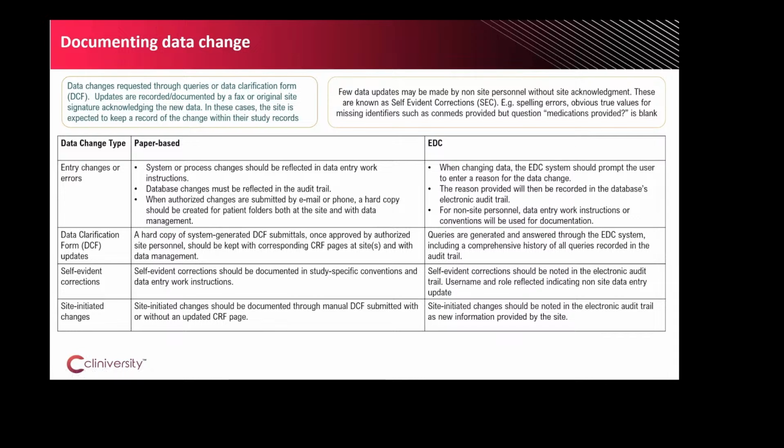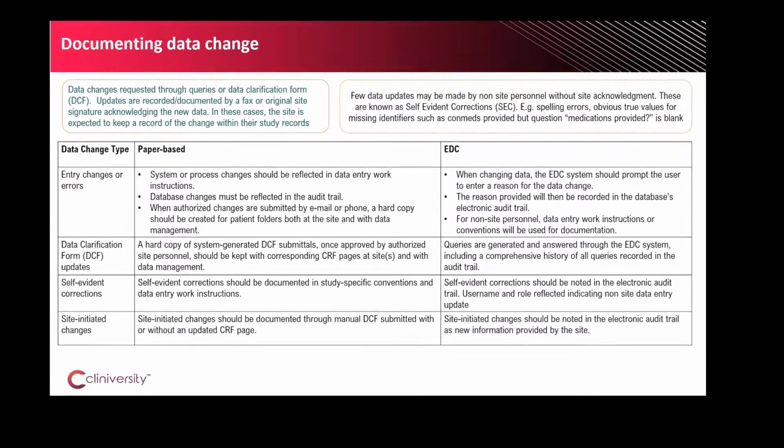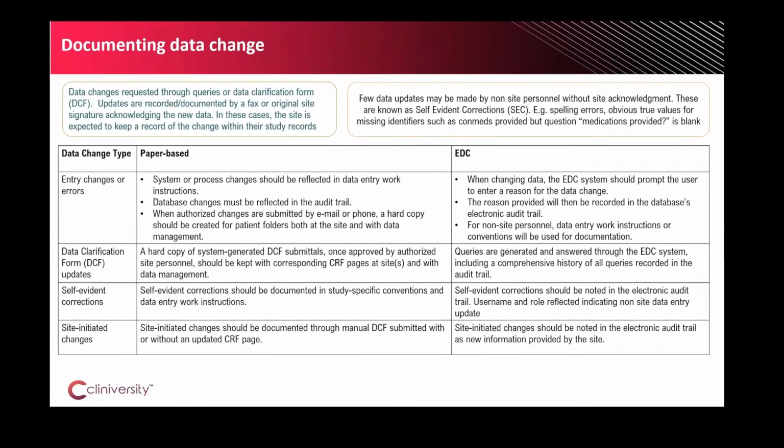A hard copy has to be created for patient folders, both in the corresponding CRF pages at the site file. And because it's a DCF, which was issued by the DM team, it will also be a part of our DM file. In EDC, this becomes easier because queries are generated and they are a part of the audit trail. So no additional filing is required as the EDC system captures all of this.